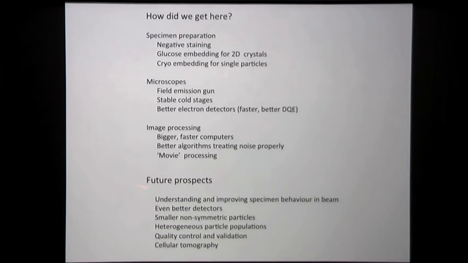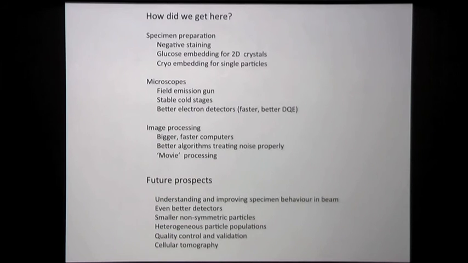We're going to have even better detectors. Richard and his colleagues are working on detectors where you essentially do single electron counting. You can't do better than that. And if these two things work out, then we'll be able to go to smaller non-symmetric particles, because the noise in the image will be much less, the contrast will be better, the features will be sharper, and you'll be able to align them, and so on. We'll be able to look at heterogeneous particle populations.